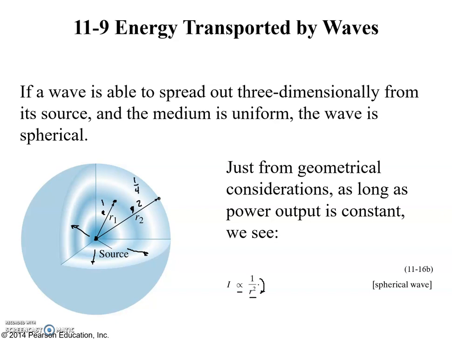So the intensity at this distance would be 1/4 of the intensity at this distance r1, assuming that the second distance is double the first. So the intensity drops off quickly due to that exponent. So the farther you get away from a sound source, the more quickly that intensity drops off, which makes sense.